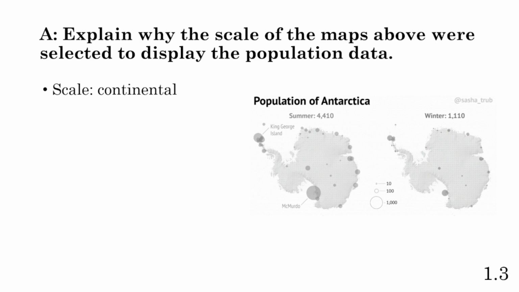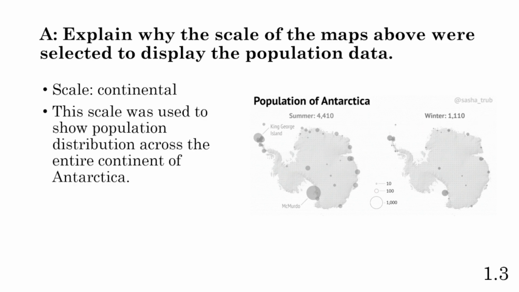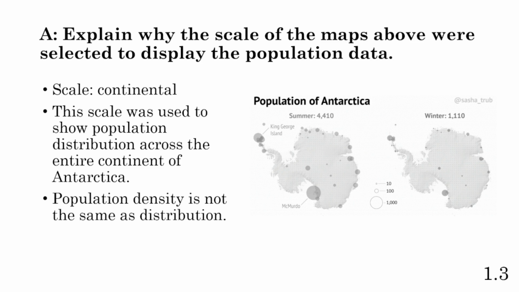So how are we going to use that to answer this question? The question is essentially asking, why did they choose a continental scale? And it's a very obvious answer because they want to show population distribution of Antarctica, the landmass of Antarctica. So you could say that the scale was used to show population distribution across the entire continent of Antarctica. That's the right answer. Now, something that a lot of students may do is say population density, because they don't know that there is a difference between population density and population distribution.